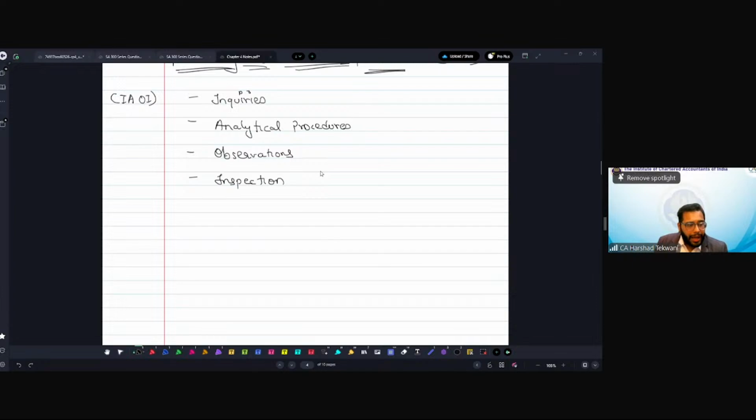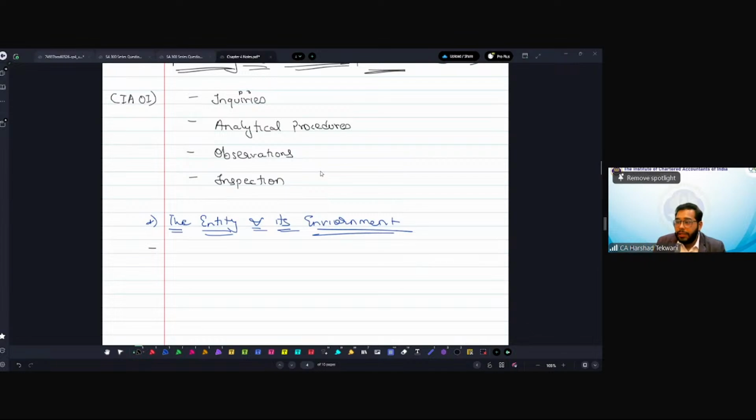I'll just list down some areas that are relevant from the point of view of understanding the entity and its environment.